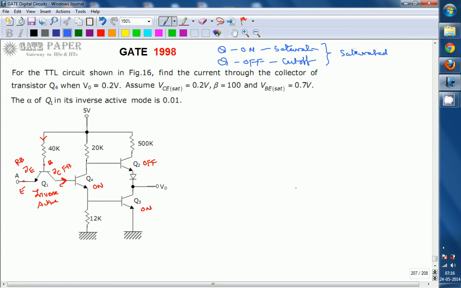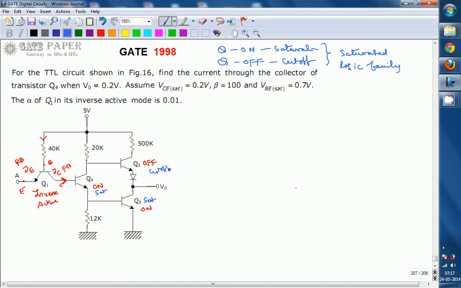There is another logic family called non-saturated logic family, where during the on condition the transistor enters the active region, not the saturation region. Standard TTL is a saturated logic family, so whenever a transistor is on, it must be in saturation. So this one will be in saturation, and this one must be in cutoff.